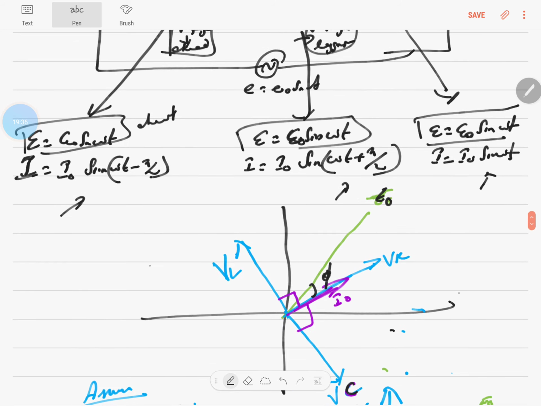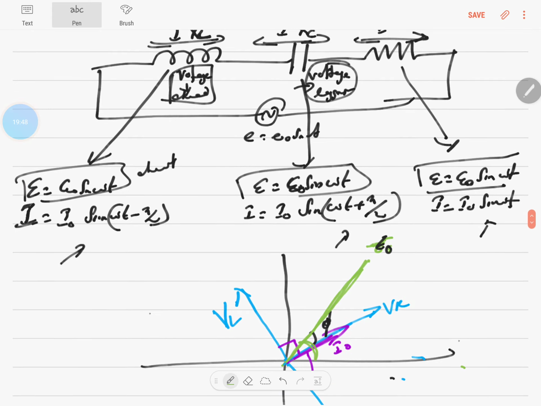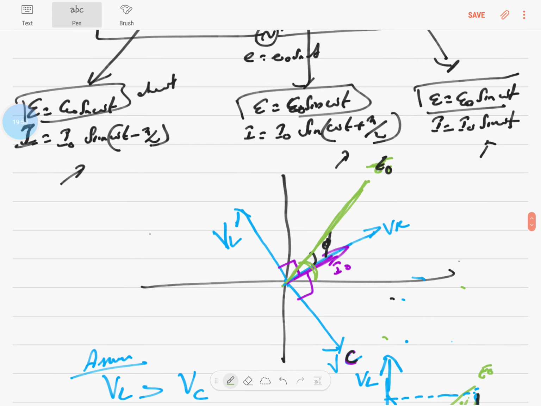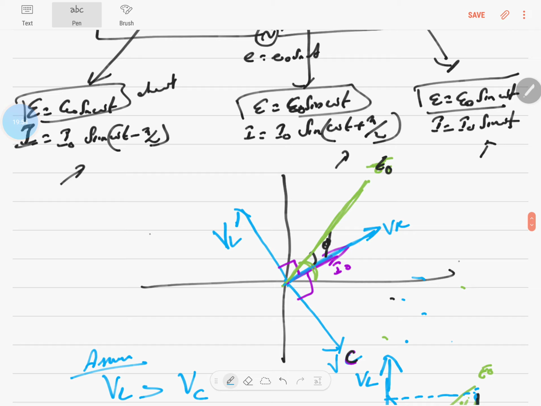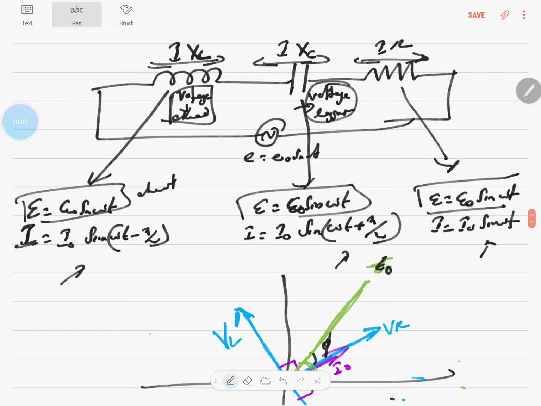And how do you do the phasor diagram? You always draw E naught, making an angle omega t with the x-axis. That's your first step. Then you have to break it down into components, and you have to be very careful in doing this. You know that you have to draw VR, which is the horizontal component, and VL, which is the vertical component, because for an inductor, current is lagging but the voltage is ahead.